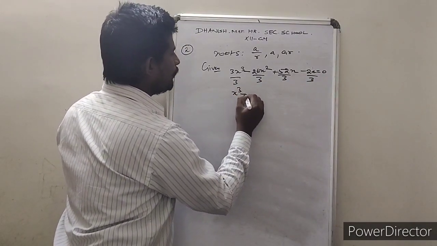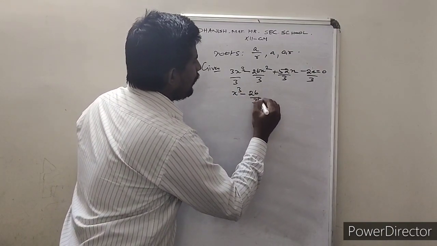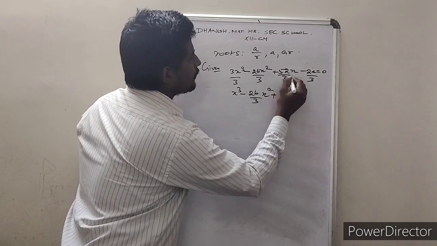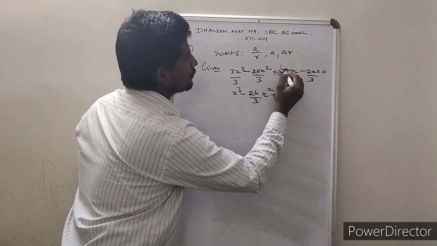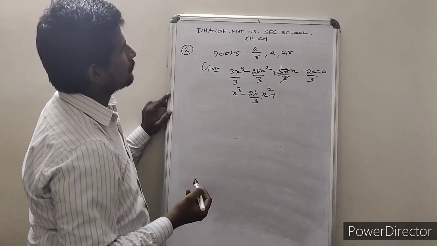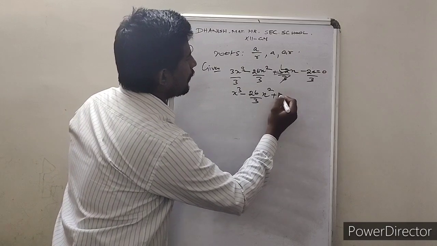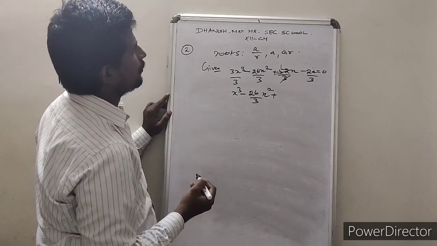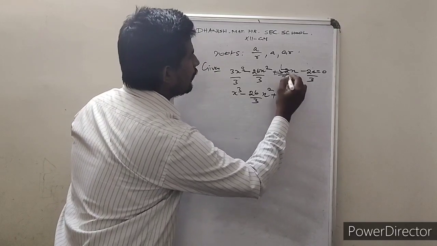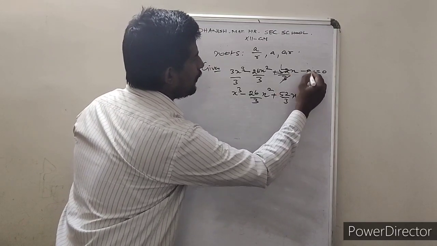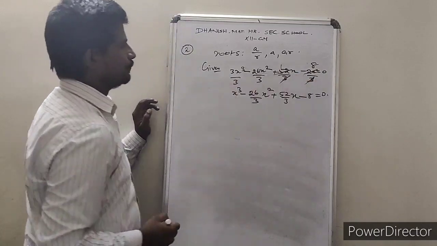So x cube minus 26 by 3 x square plus 52 by 3 x, minus 8 equal to 0.